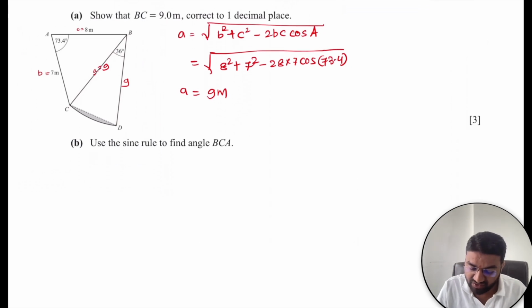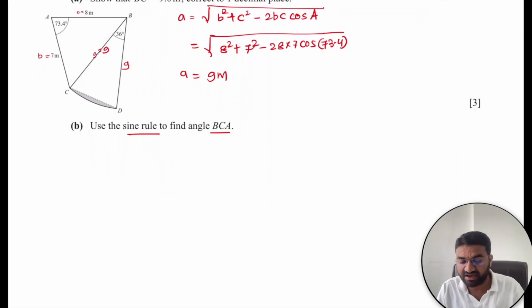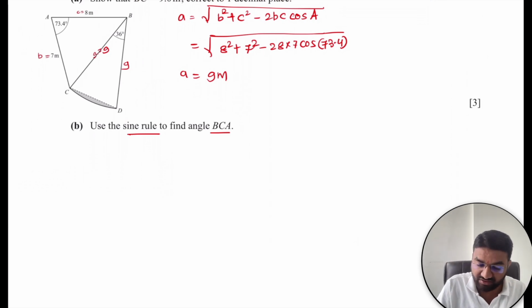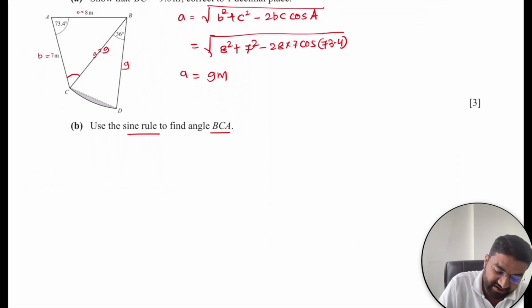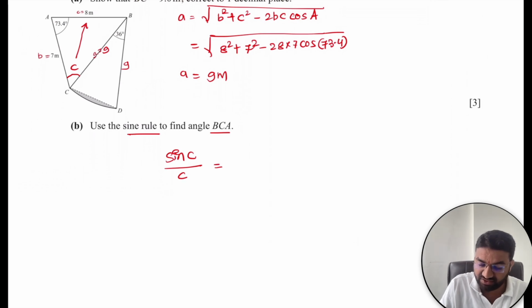Okay, then we have to use the sine rule to find out angle BCA, means this angle C. We will start with sine of C upon the side in front of C, which is small c, equal to sine of angle A divided by small a, fine.